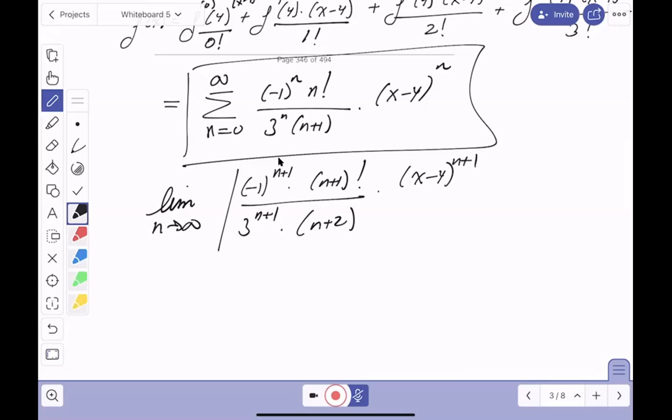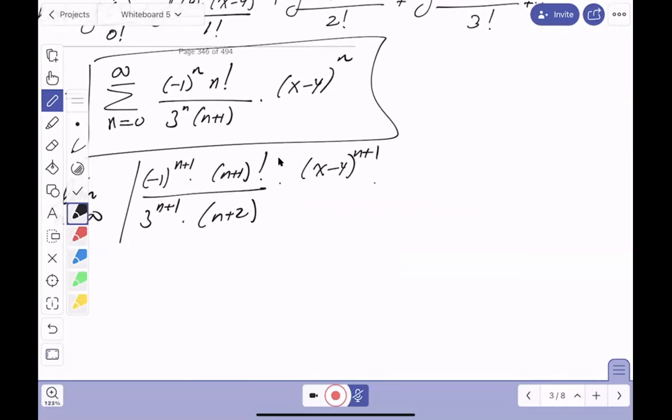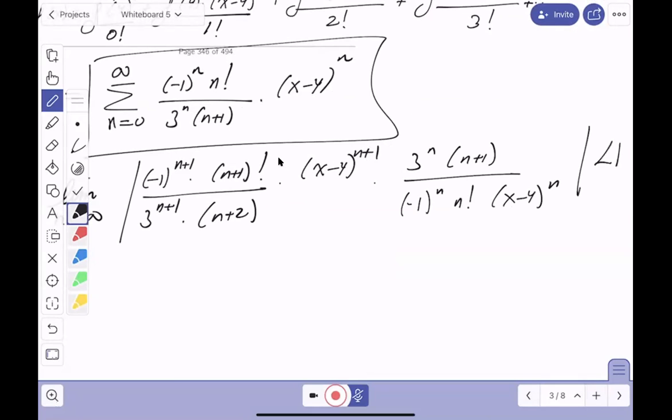Let me make sure I got that right. Then I'm going to divide through by the other one, which is like multiplying by the reciprocal. So I'm going to write that down for you: 3 to the n plus 1, and then (minus 1) to the n, n factorial, and (x minus 4) to the n, absolute value. We want it to be less than 1.